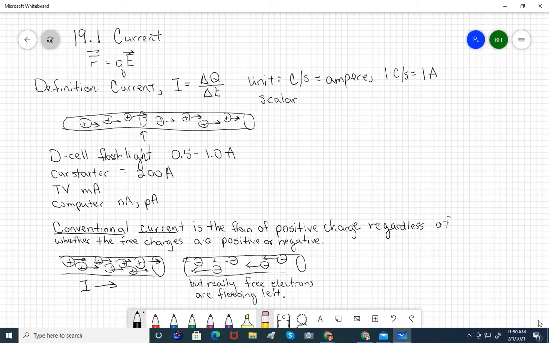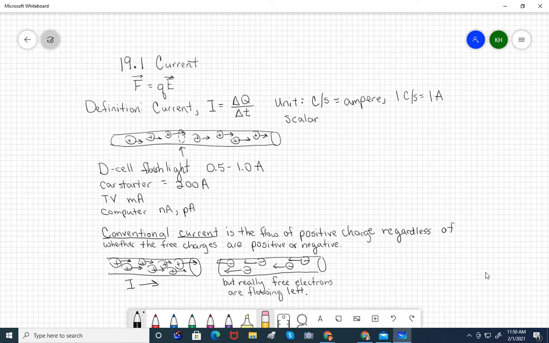So if the current is clockwise, that means electrons are flowing counterclockwise. It doesn't really matter. The math is the same either way. So we just kind of pretend the positive charges are flowing because that's just what we do. But we know in metals, it's always free electrons, valence electrons, that are actually allowed to flow.